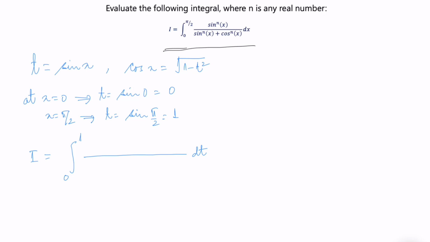So I do the same differentiation here. t is sine x, so dt is cos x dx, right?